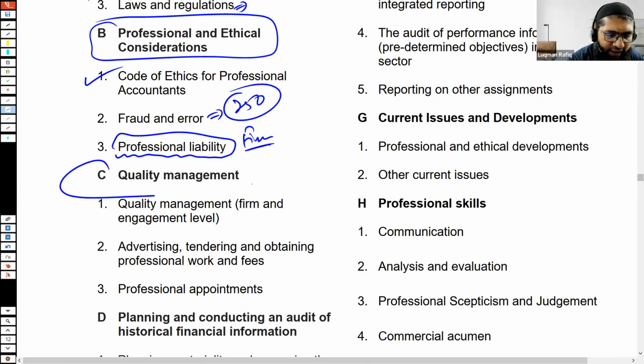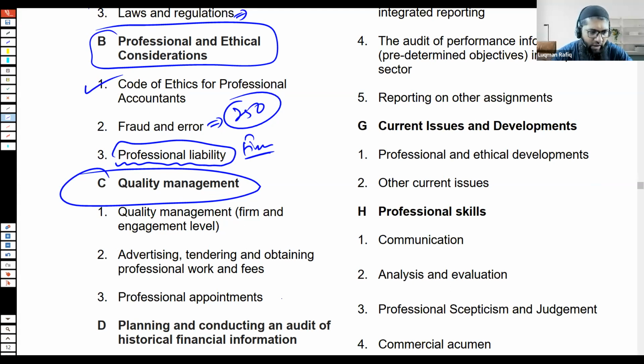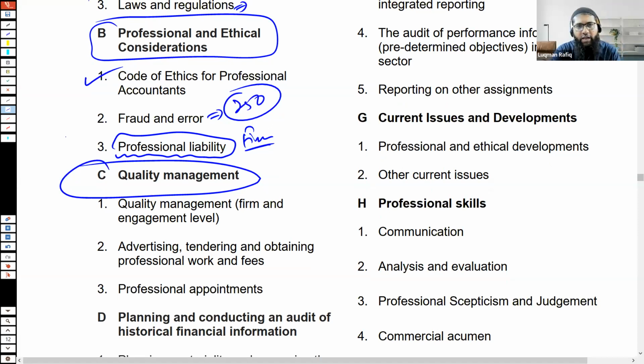Then you have got quality management. What exactly is quality management all about? Quality management is auditing in a manner such that you are able to comply with the requirements of the ISAs.